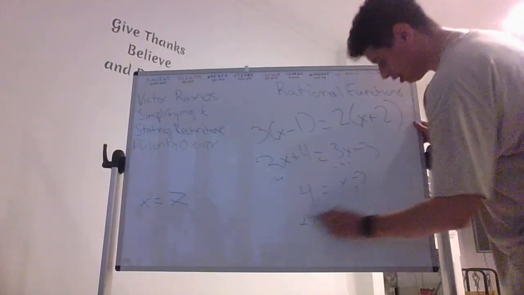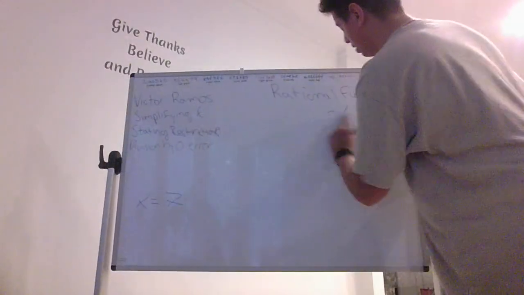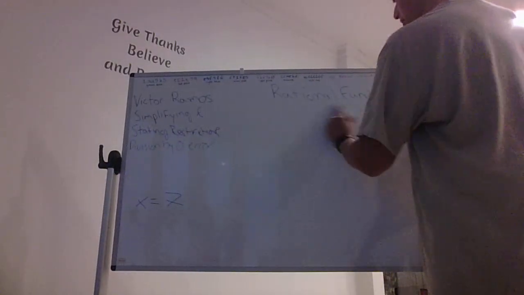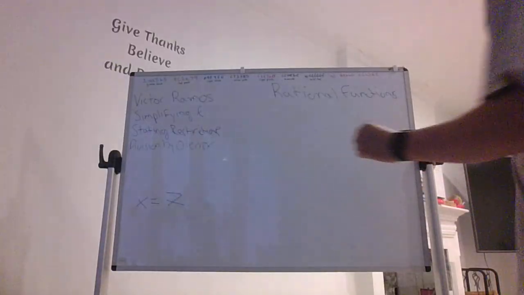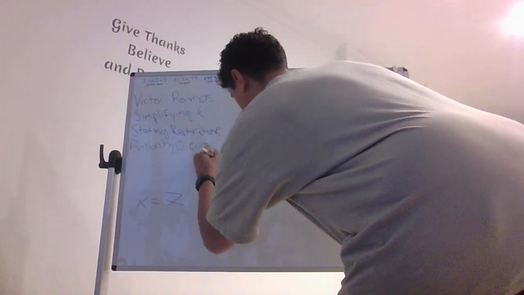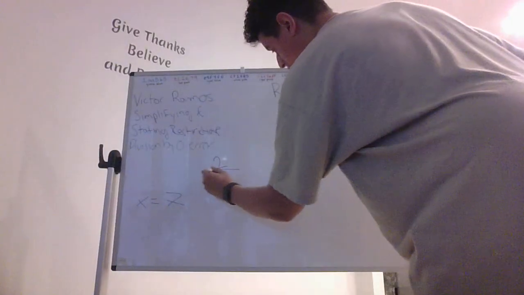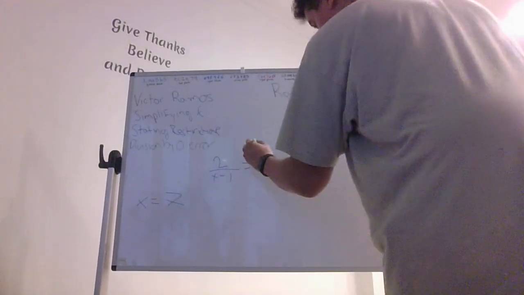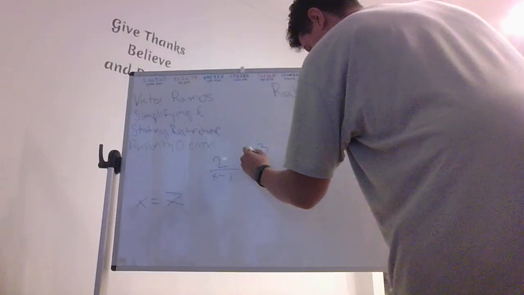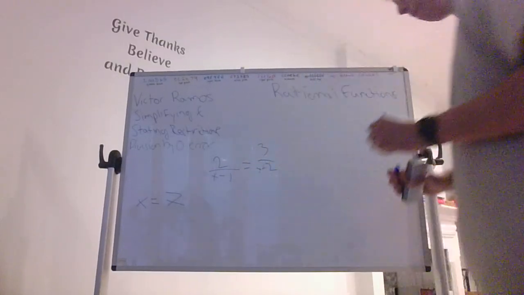Now, let's plug it into our original equation, which I have written down in my notes so I don't lose it, because I have a terrible memory. So the original equation is 2 over x minus 1 equals 3 over x plus 2.